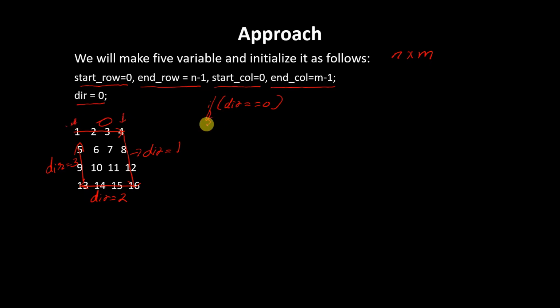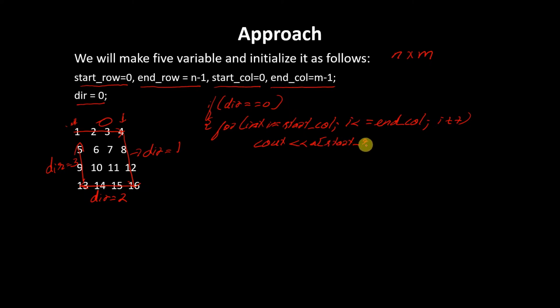So here we have a loop for i equal to start column, it will run up to less than or equal to end column, and we will do i++, and we will print cout a of start row and i.